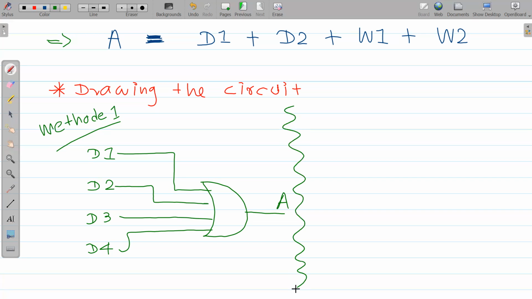But in your syllabus, they say to consider an OR gate which has 2 inputs.